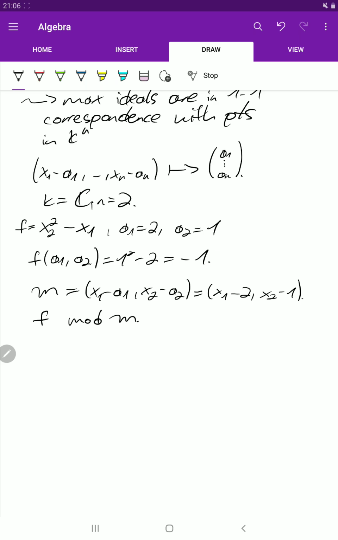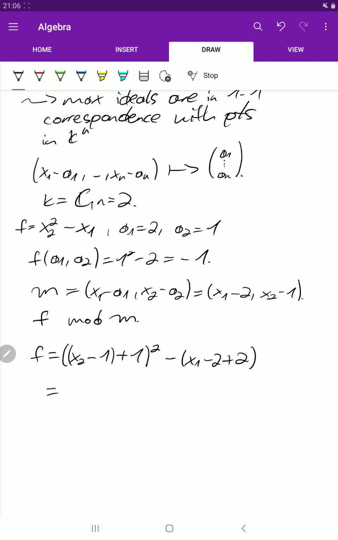So we can write f as (x2 - 1 + 1) squared minus (x1 - 2 + 2).